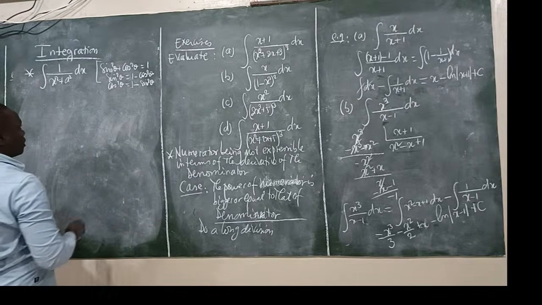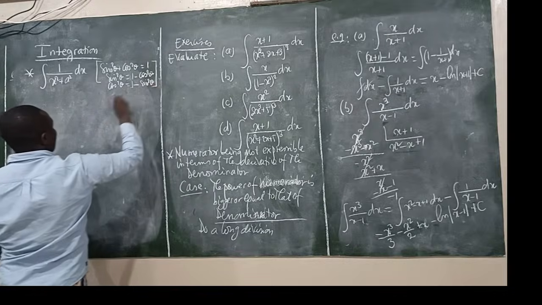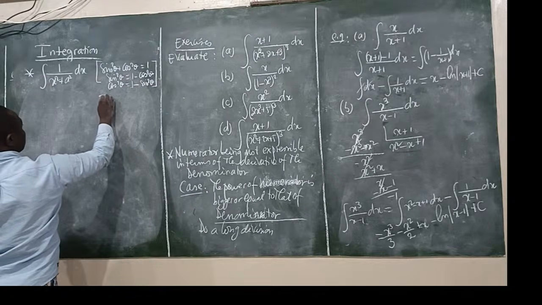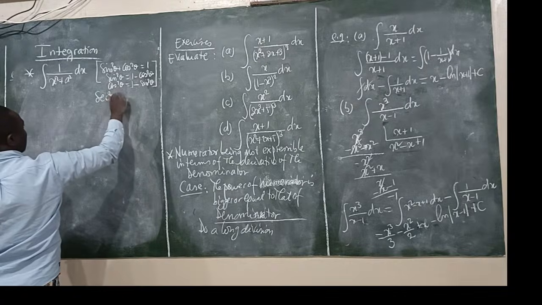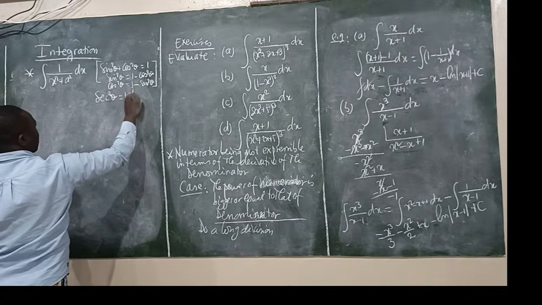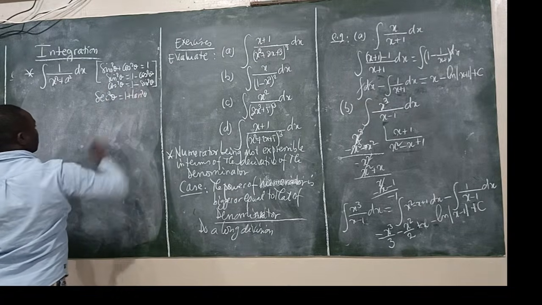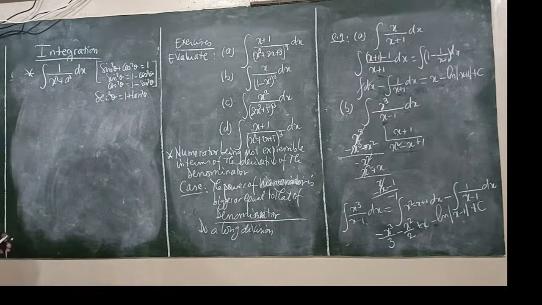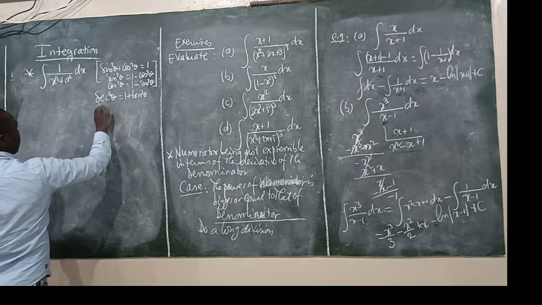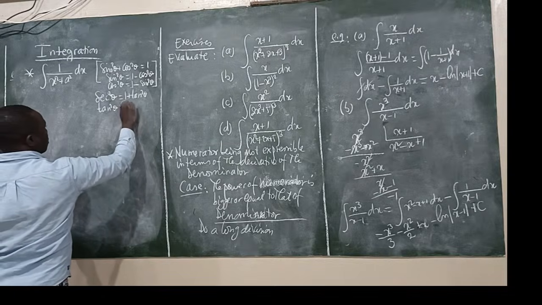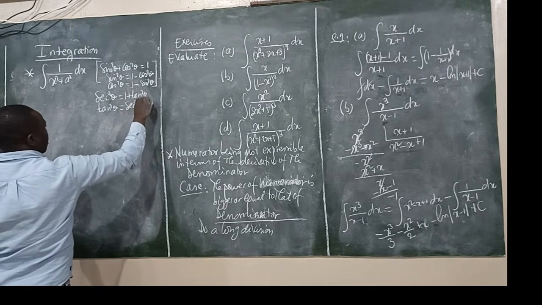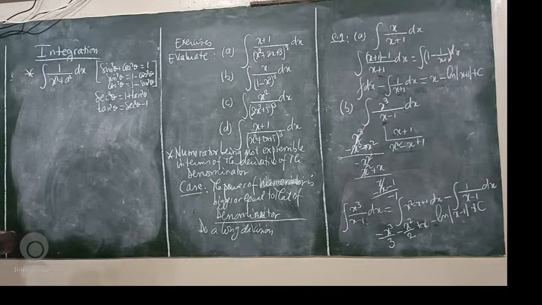This is identity 1. Identity 2: sec squared theta is 1 plus tan squared theta, and tan squared theta is equal to sec squared theta minus 1. We need to take note of these two formulas.